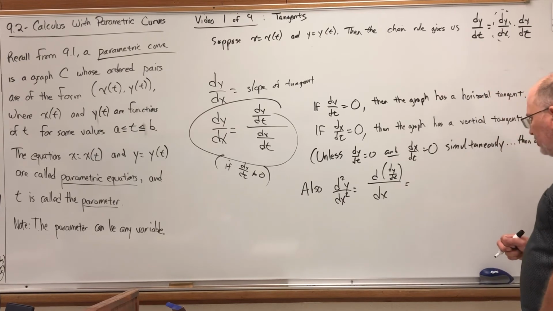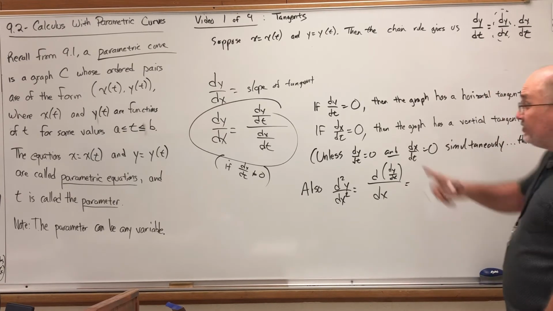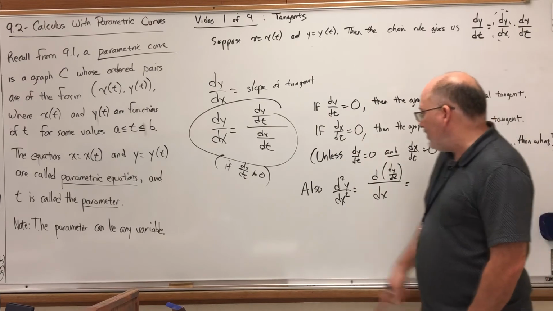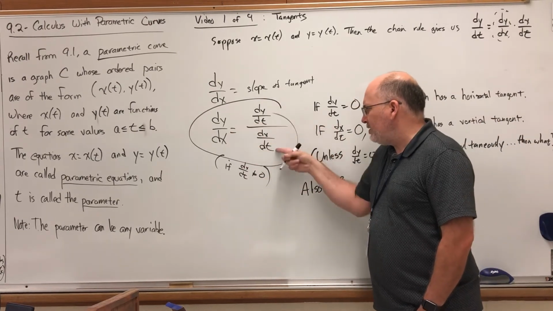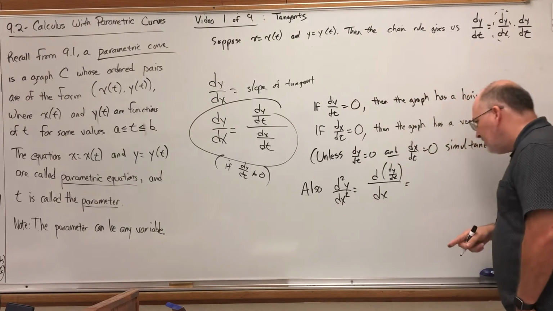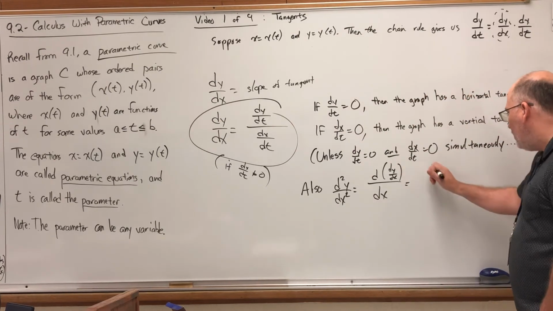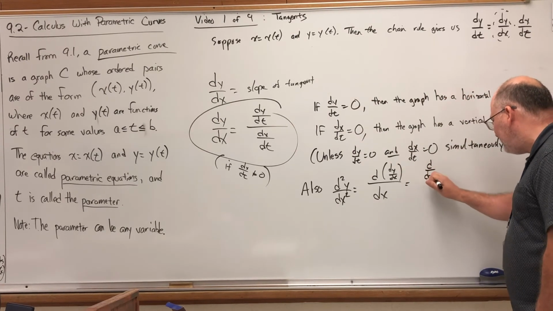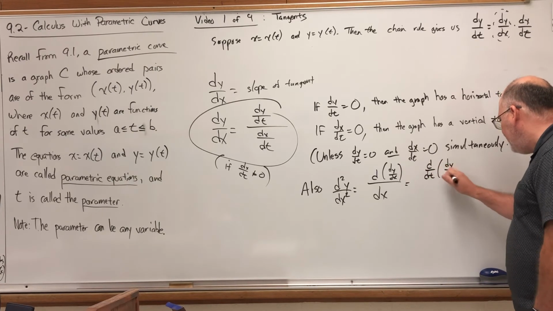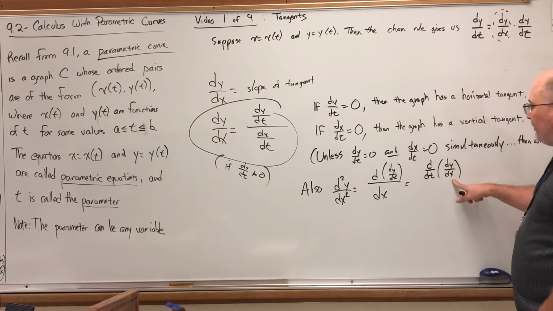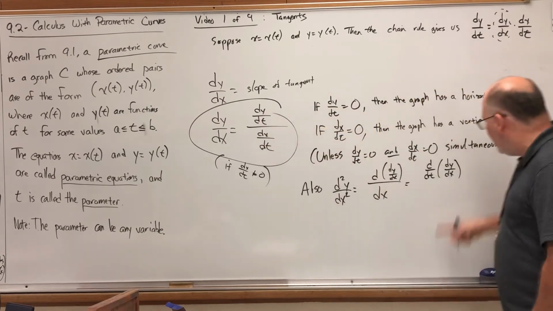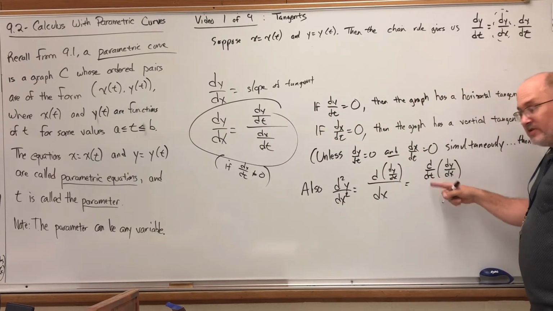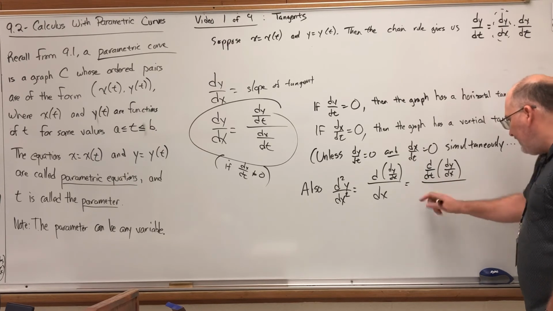So we would need to use this rule again that says if I want to find a derivative with respect to x, it's the derivative with respect to t over the derivative of x with respect to t. So this on top would be the derivative with respect to t of dy dx, which, if we found this first derivative, then we already know what it is in terms of t, so finding this derivative in terms of t is pretty straightforward. And then dx dt.